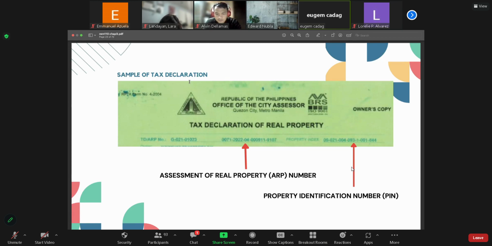Each portion of the code sequentially narrows down to the parcel's exact location on the country's tax maps. So this PIN is assigned to each parcel in the tax map and reflects the city or municipality, district, barangay, and section of its location.